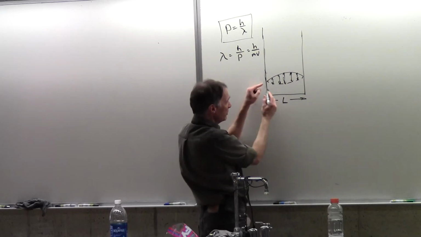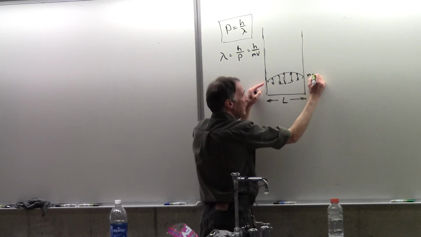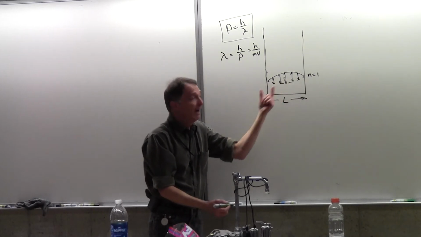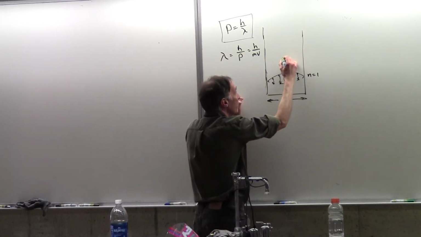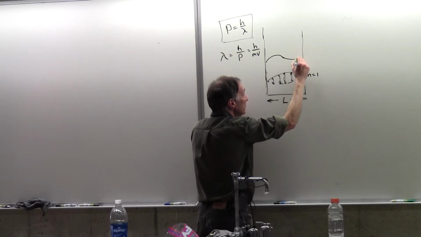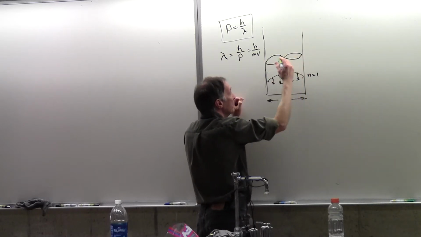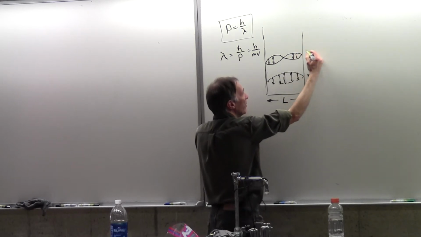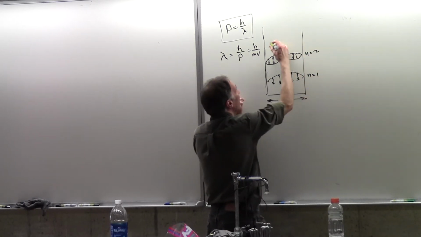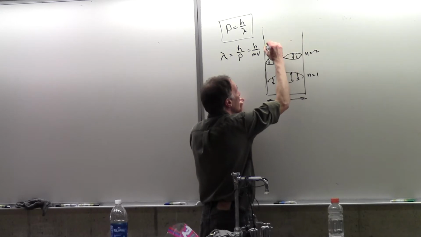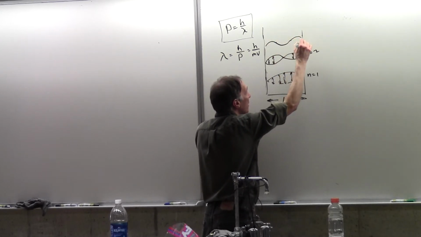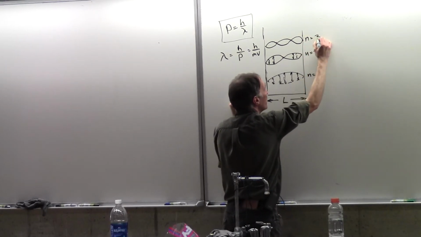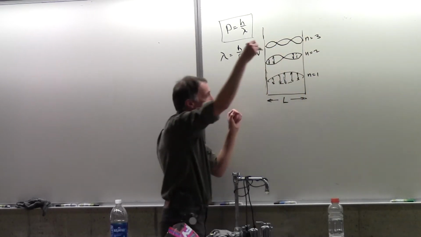And the first one, we'll call this n equal to 1, is a half a wave. We also have other possible standing waves. We could have two half waves, call this n equal to 2, and we could have 3 half waves, n equal to 3, and so on. Could keep going.